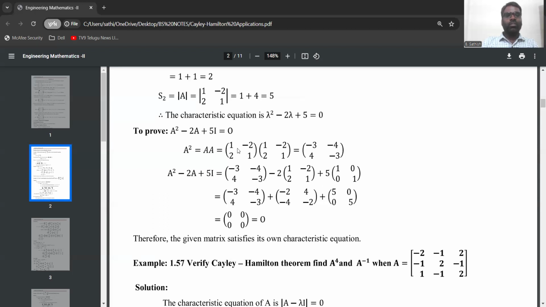So here, first row multiplied with first column, and whatever value we get is placed in the first row, first column element. Similarly, the remaining elements also.